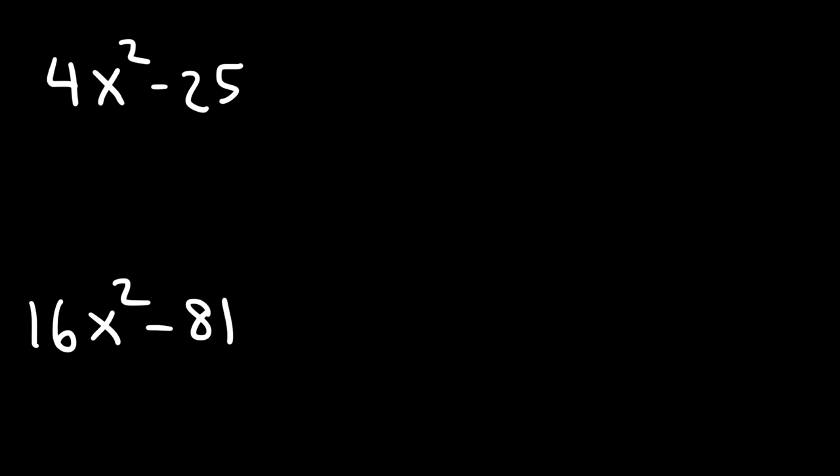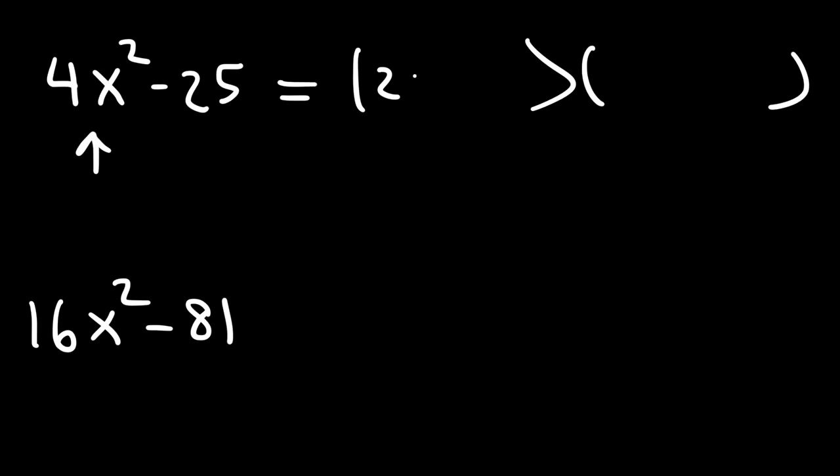Now let's try some harder examples. Let's factor 4x squared minus 25 and also 16x squared minus 81. What is the square root of 4x squared? The square root of 4 is 2, and the square root of x squared is x. So we're going to get 2x.